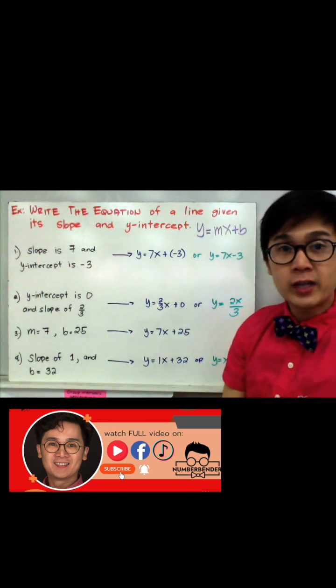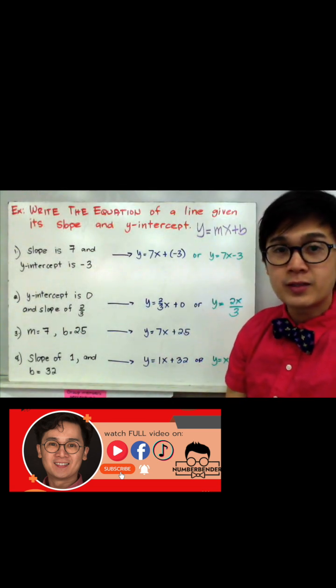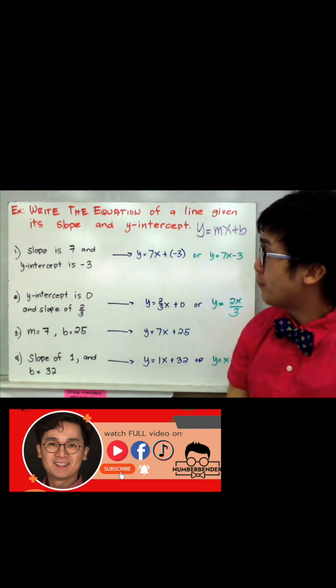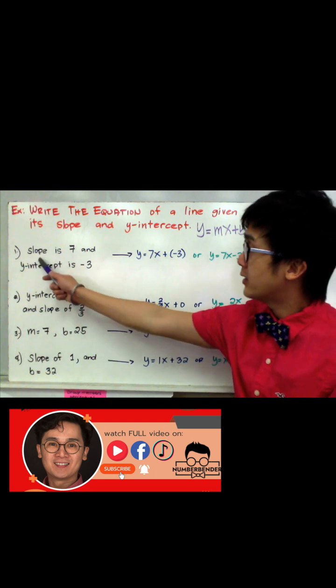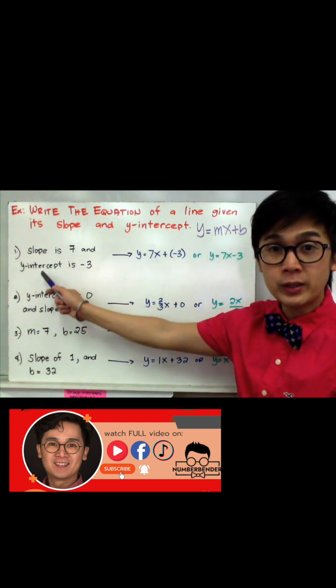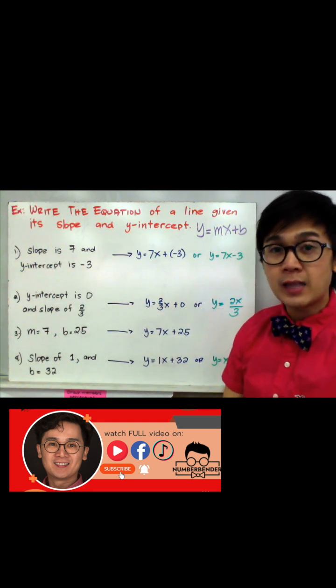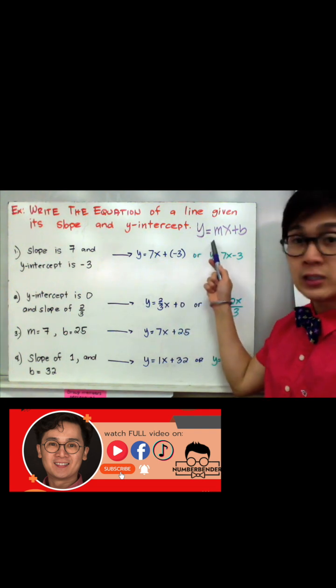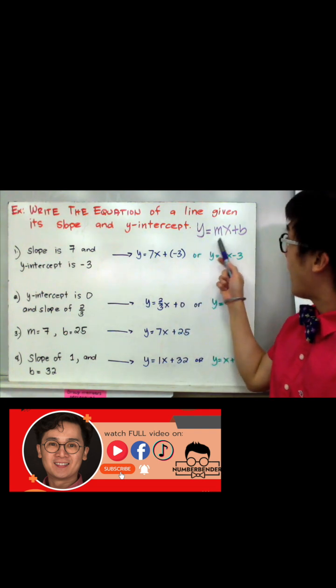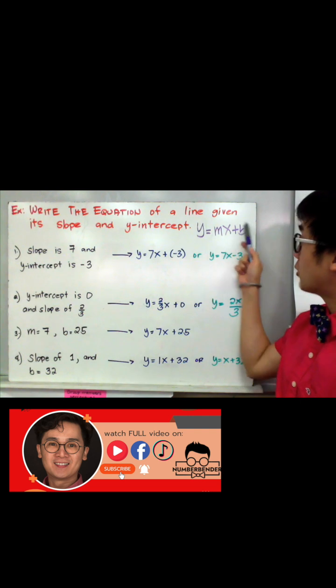Now let's start writing an equation of a line given the two important parts of a line, which is your slope and your y-intercept. Now for example number 1, we have a slope of 7 and the y-intercept of -3. So that particular line has the slope and the y-intercept, and all we need to do is to write the equation of a line in the slope-intercept form, where m is with x and your b is your y-intercept.